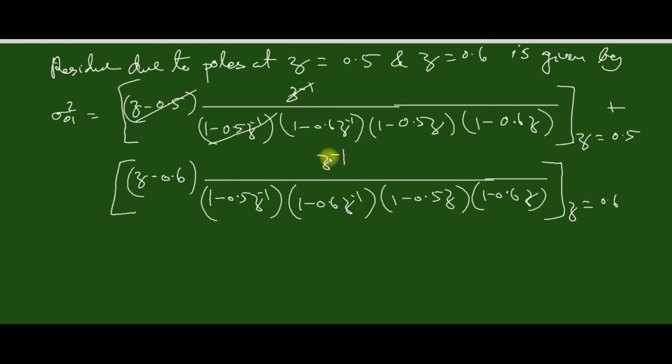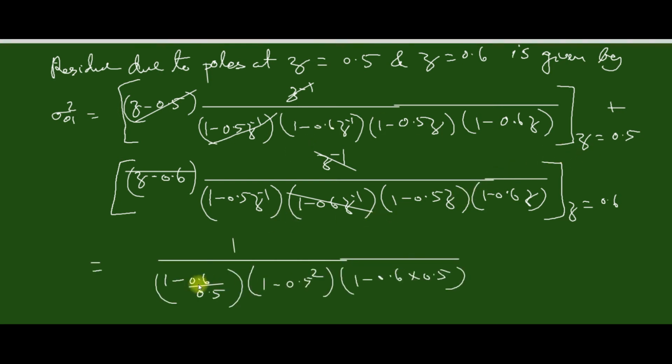So in this case, this 1 minus 0.6 is done. We are multiplying numerator and denominator. This will become z minus 0.6, so that this term and this term will cancel. Now substituting for the values, this will be 1 minus 0.6 by 0.5.